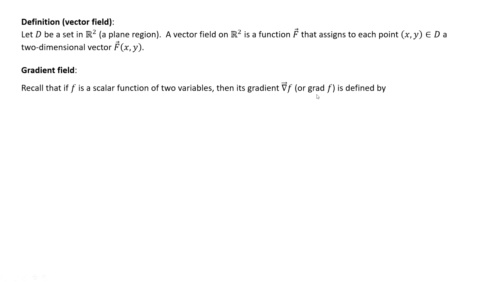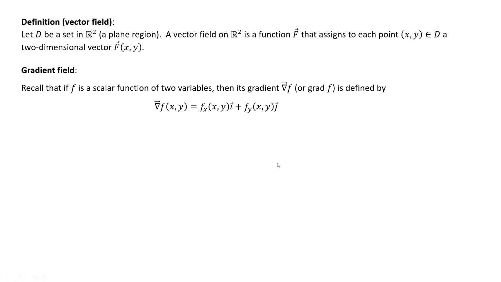That's del, or grad f, and that is nothing but partial f with respect to x, i, plus partial f with respect to y, j. Okay, what do we mean by del f? Del f means, like I said, partial f with respect to x, that's the x component. Partial f with respect to y is the y component of the gradient vector.